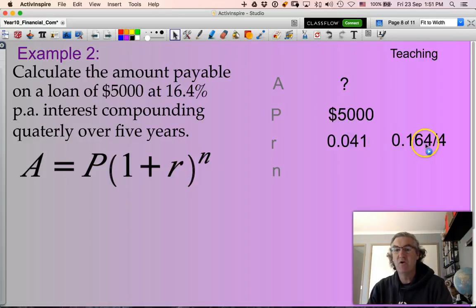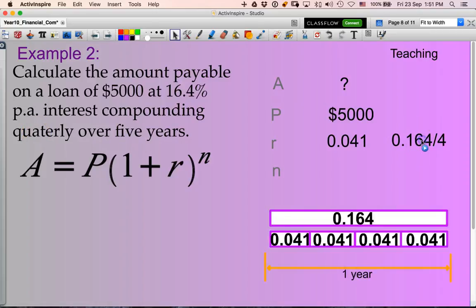In other words, I'm dividing the annual rate, because it's per annum, by 4 because there are 4 quarters per year. You may wish to think of this in this sort of representation here.